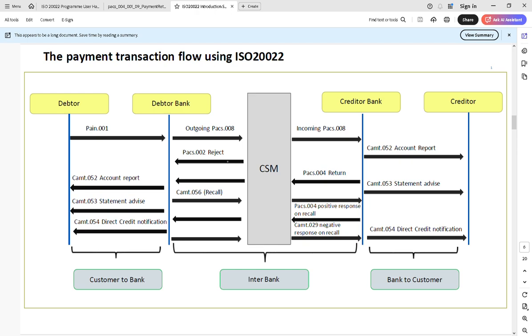If this PACS.002 is rejected here itself, the payment will be returned back from here itself. Payment will be sent back if the PACS.008 message is there. That's one flow. This is returning of a payment. If you are canceling the payment, it's returned by this method.